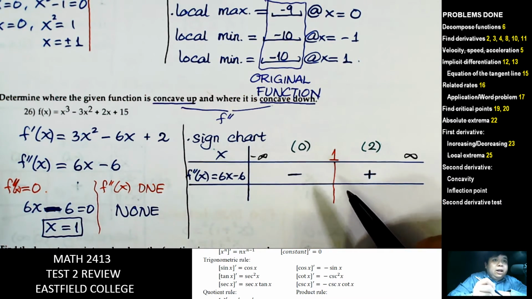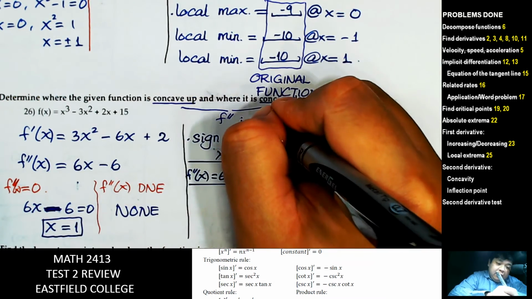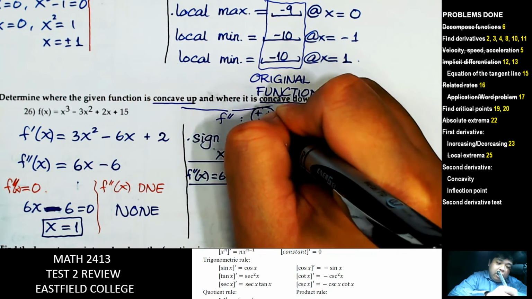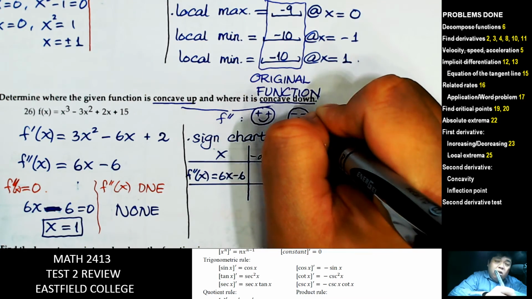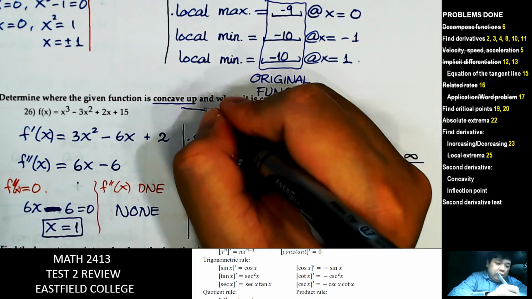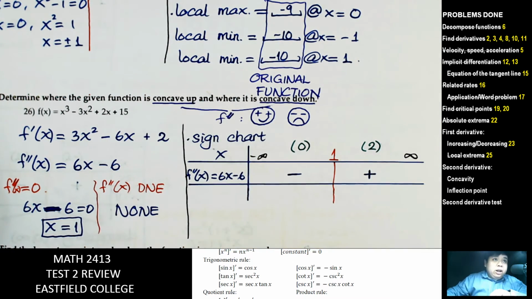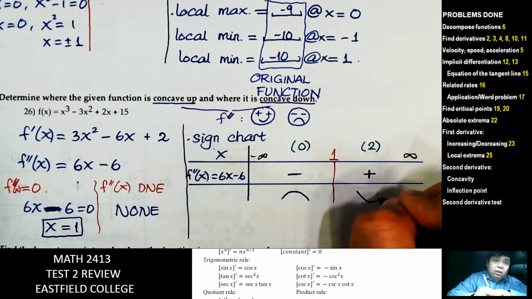Right. Now, for the second derivative, if it is positive, the function is concave up. If it's negative, the function is concave down. So this one is negative, so concave down. Positive is concave up.